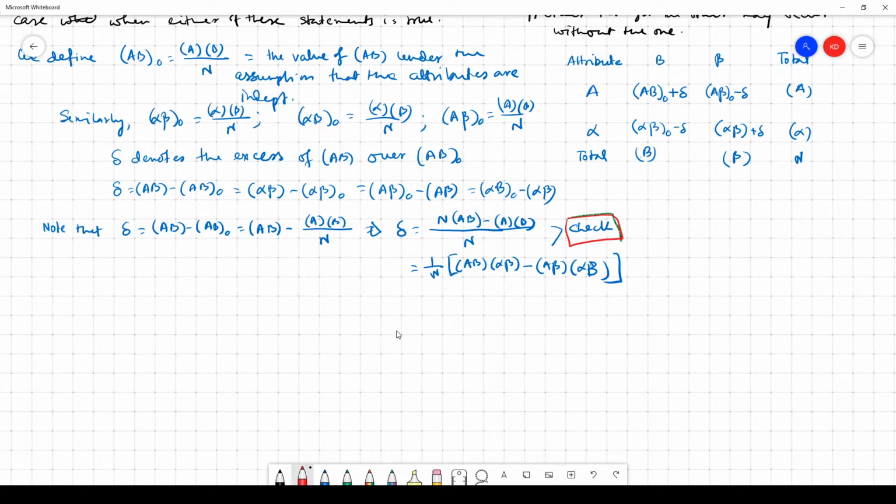Okay, so clearly delta greater than 0 means positive association, and delta less than 0 means negative association.